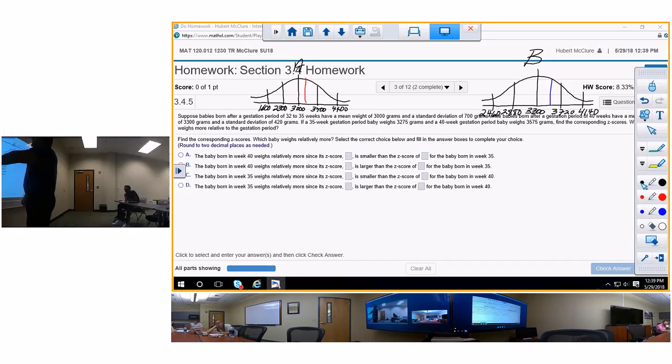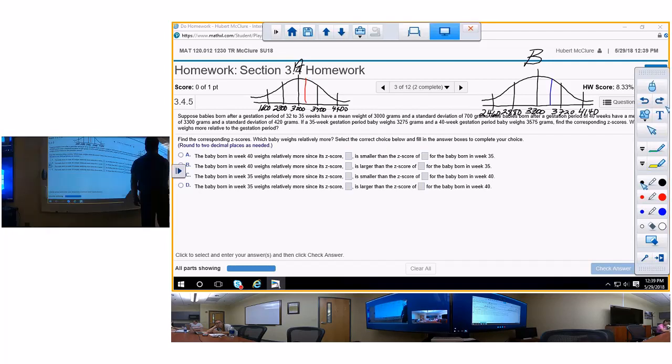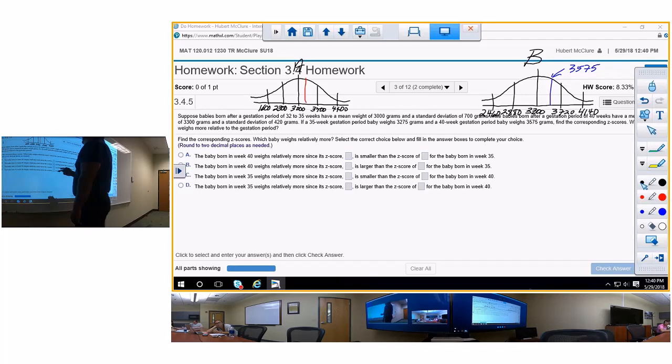So we need to make a z-score for this baby at 3,275. Oops, wrong color. Do it over here. This is 3575 and this is 3275.